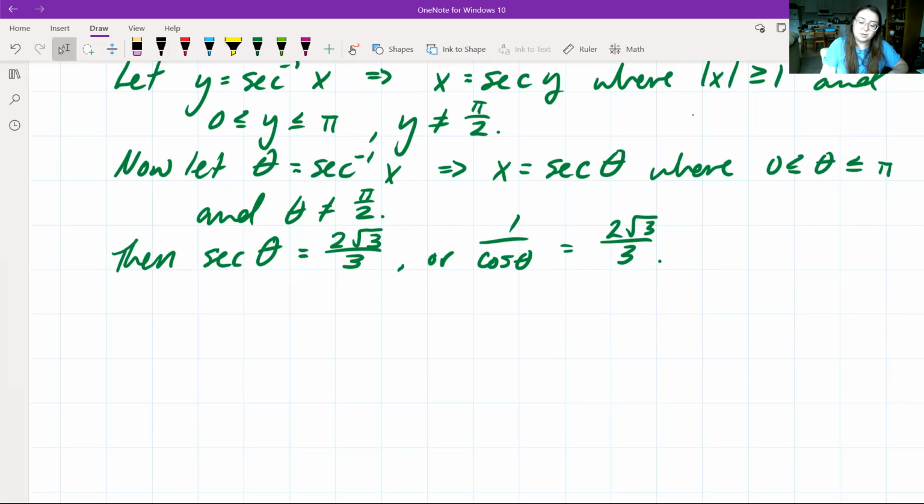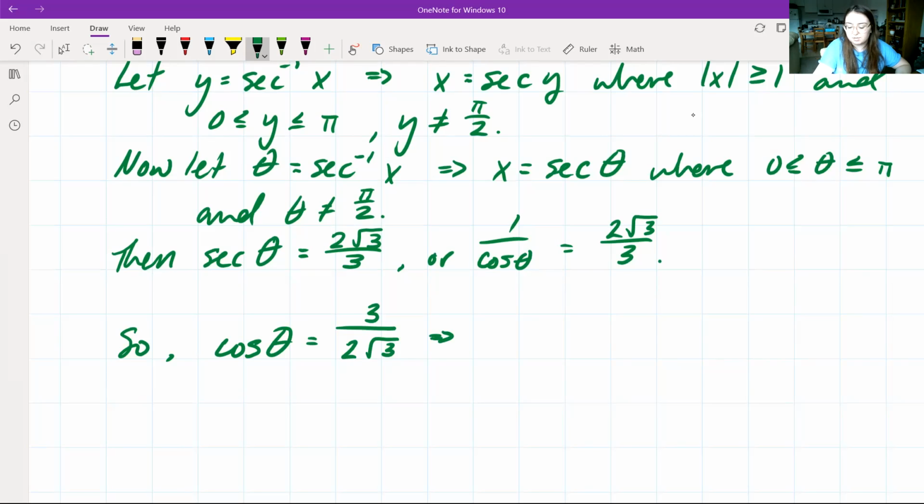So we have 1 over cosine is equal to 2 square root 3 over 3. We want to take the reciprocal of each side now to solve for cosine. This means that cosine is equal to 3 divided by 2 times the square root of 3. To solve for cosine, all we did was take the reciprocal of both sides.